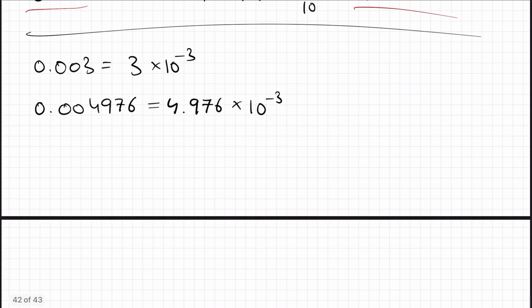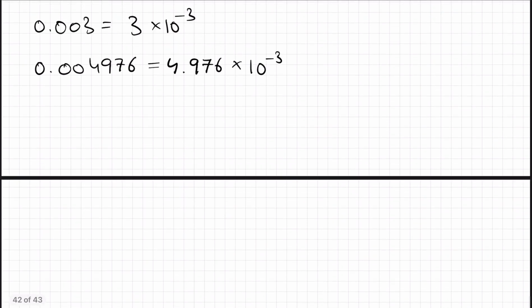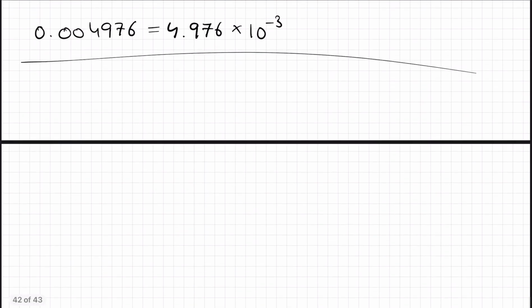If you see a negative standard form, it just means it's going to be a decimal number. It's also useful to know the base standard forms. 10 to the 0 is just 1. This is useful if you have a number which is already between 1 and 10.